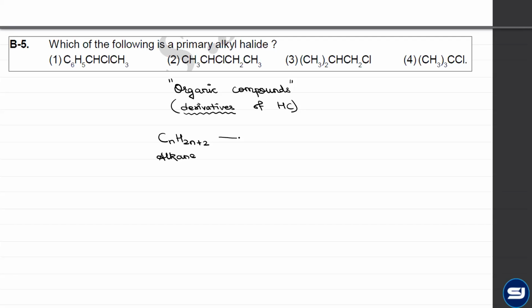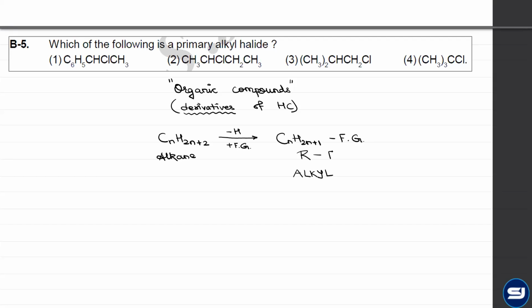So in this alkane, if I replace the hydrogen by the functional group, then I will get CnH2n+1 satisfied with the functional group. Now this CnH2n+1 is represented by the letter R and is called alkyl.